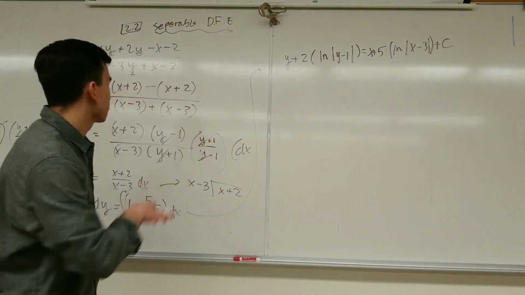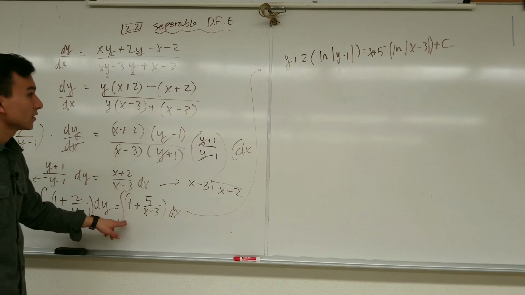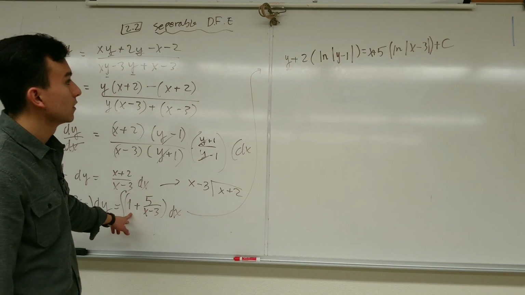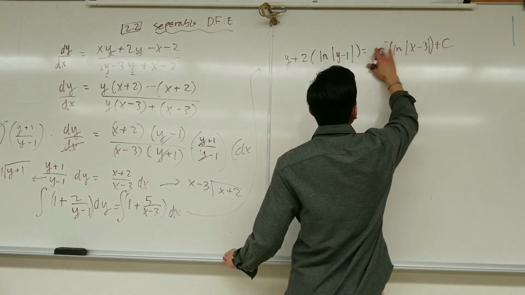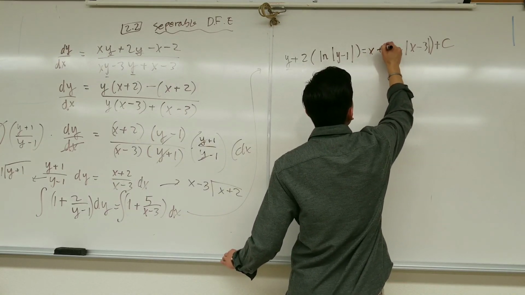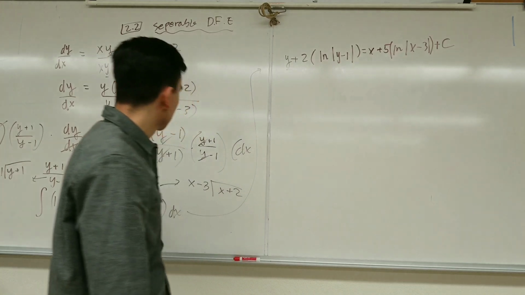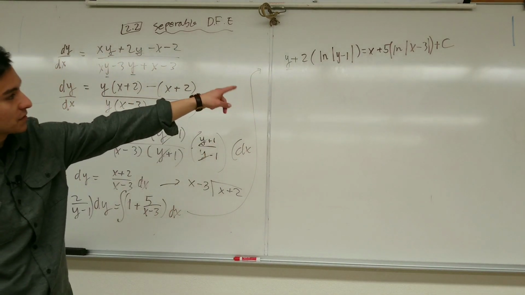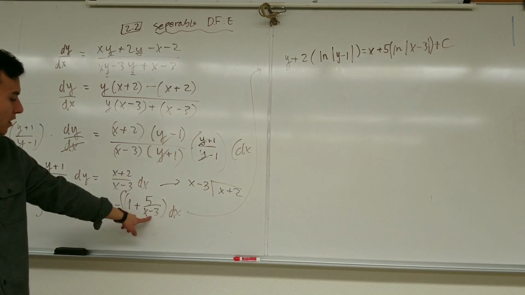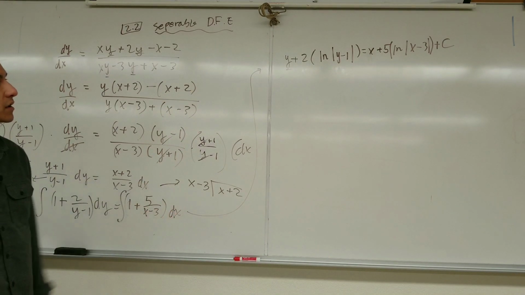That becomes the argument. And that's going to be equal to x from this one, right? Times 5, plus 5 times the natural log of x minus 3.